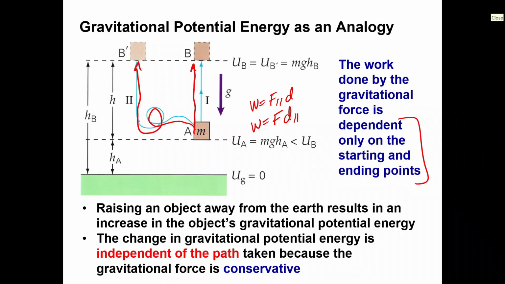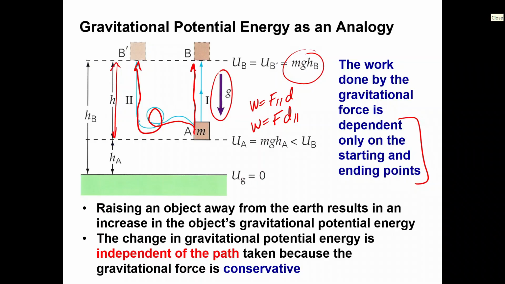So in both cases, gravity is pulling down. So the only part of the displacement that we have to care about is this vertical displacement, which is just the height. So no matter which path you take, you're going to create an mgh's worth of energy by doing that.